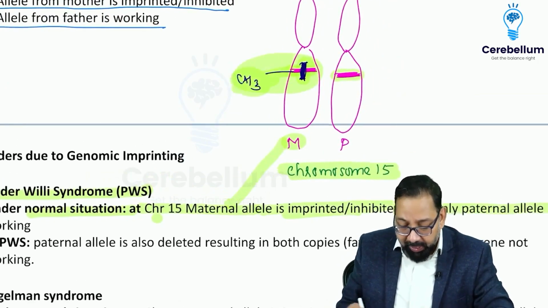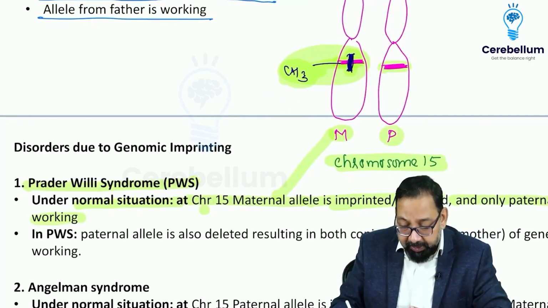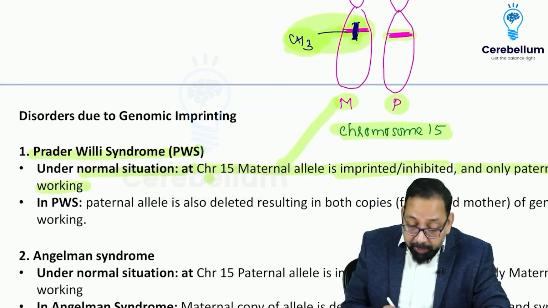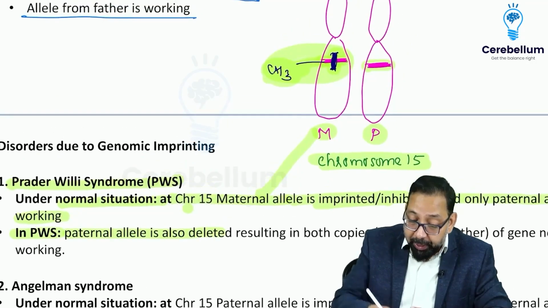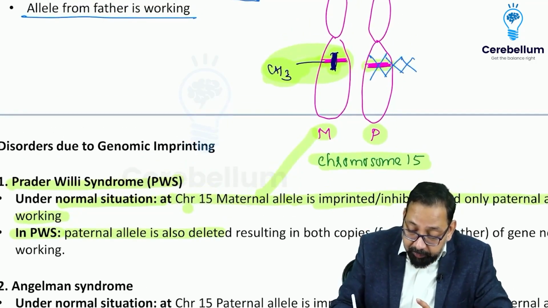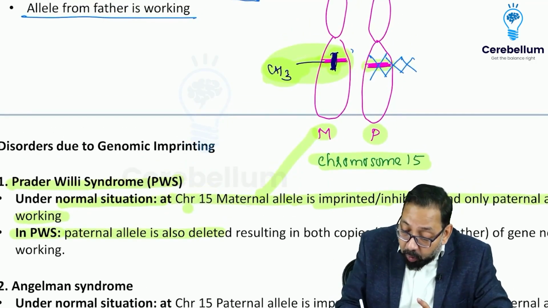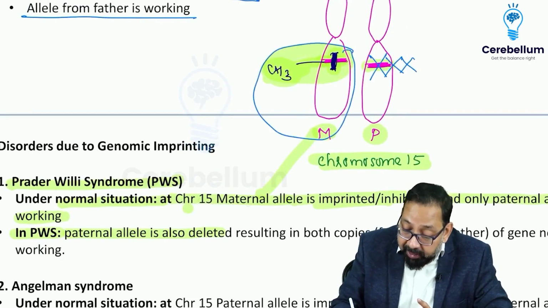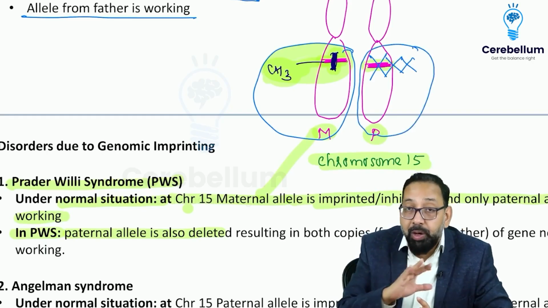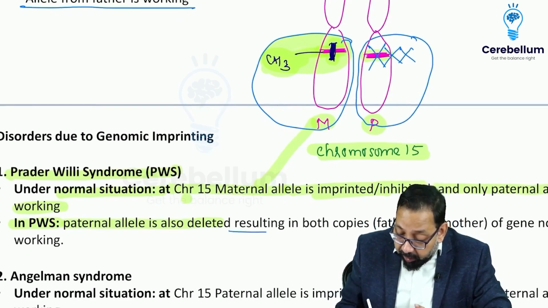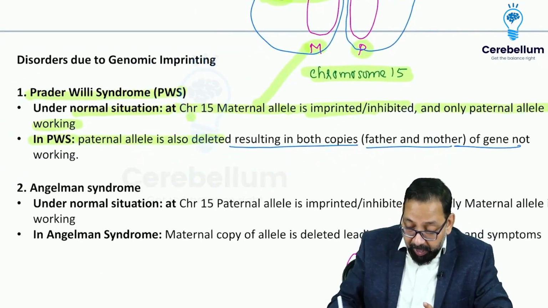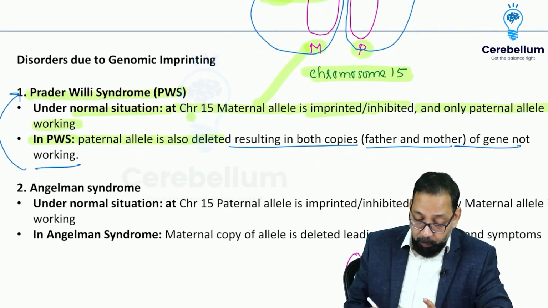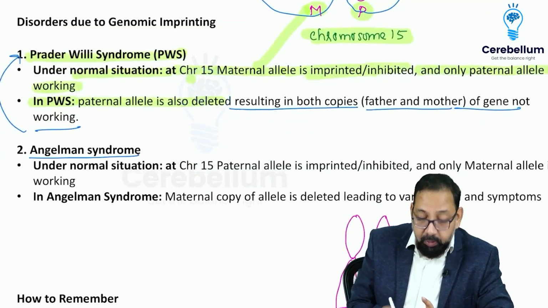And only the paternal allele is working. In Prader-Willi syndrome, the paternal allele is also deleted. Maternal is already inhibited and the paternal, which was working, is deleted. Now there is no working gene, both copies, father and mother, of the gene are not working, and this will lead to Prader-Willi syndrome.